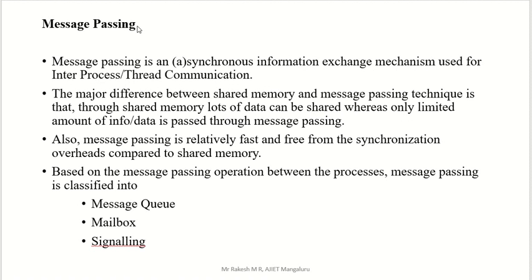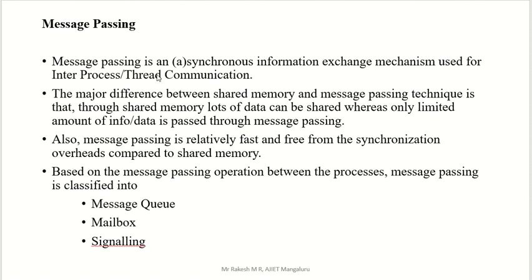The second type of task or process communication method is message passing. Message passing is a synchronous or asynchronous information exchange mechanism used for inter-process communication or inter-thread communication.